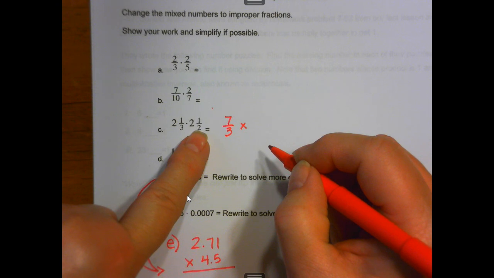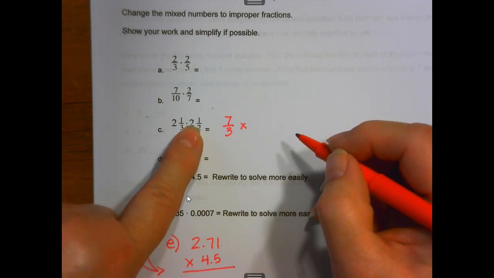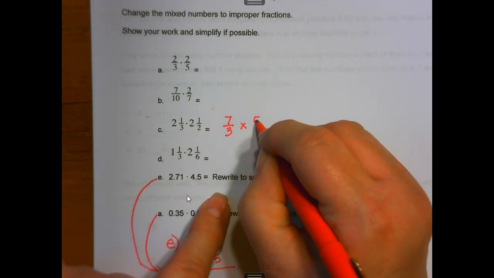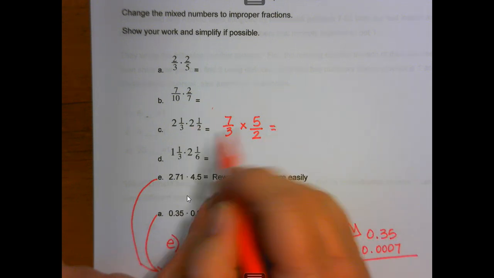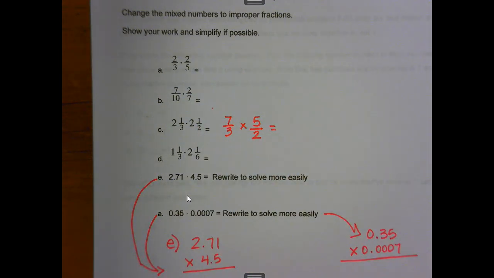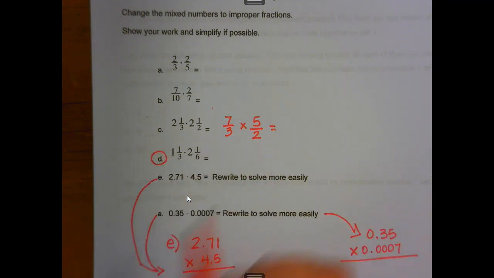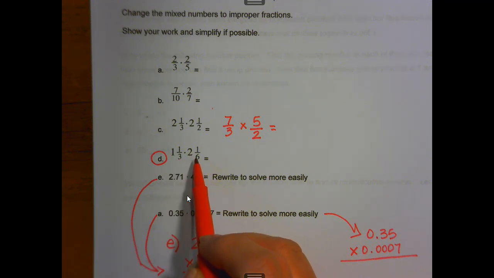Then I'm going to do 2 times 2 is 4. And then I take that number and add it to 1, and 4 plus 1 is 5. And now I can just go ahead and multiply straight across. You're going to do the same type of strategy for this one. Really important that you change these mixed numbers into improper or top-heavy fractions in order to be accurate and precise.